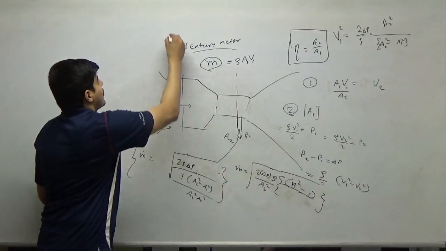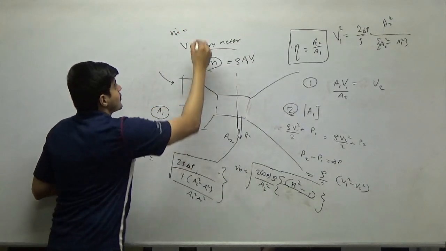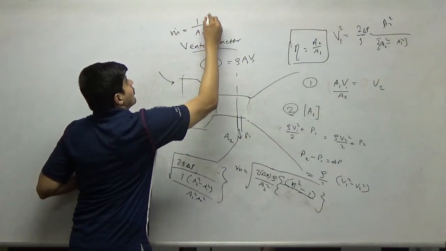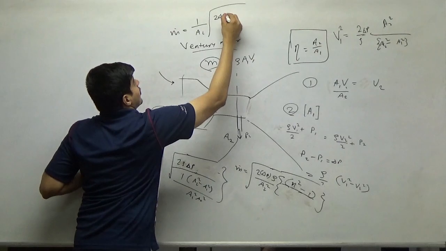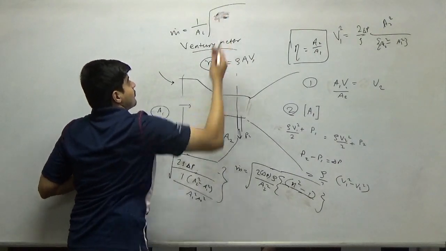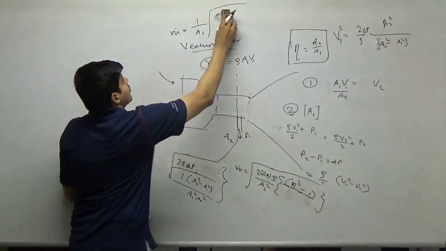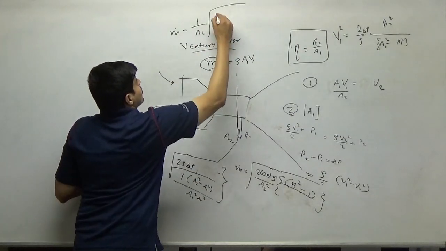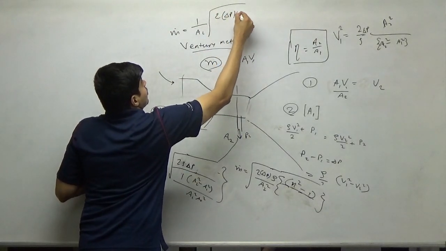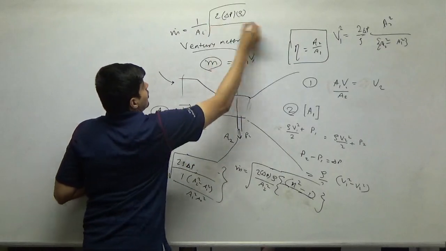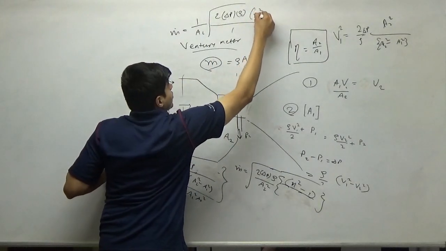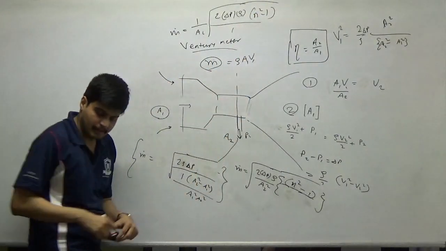Or simply, m dot through a venturi meter is 1 upon A2 root of 2 delta P into rho, denominator is nothing but eta square minus 1.